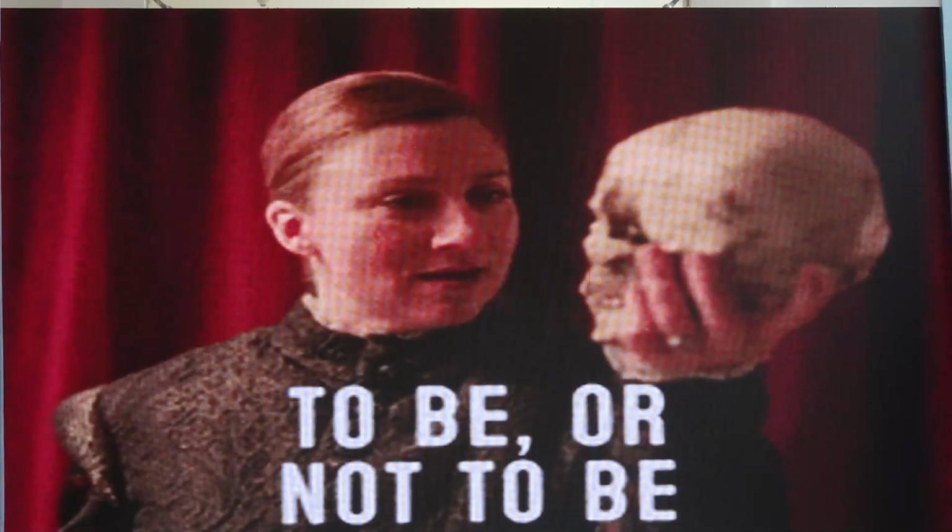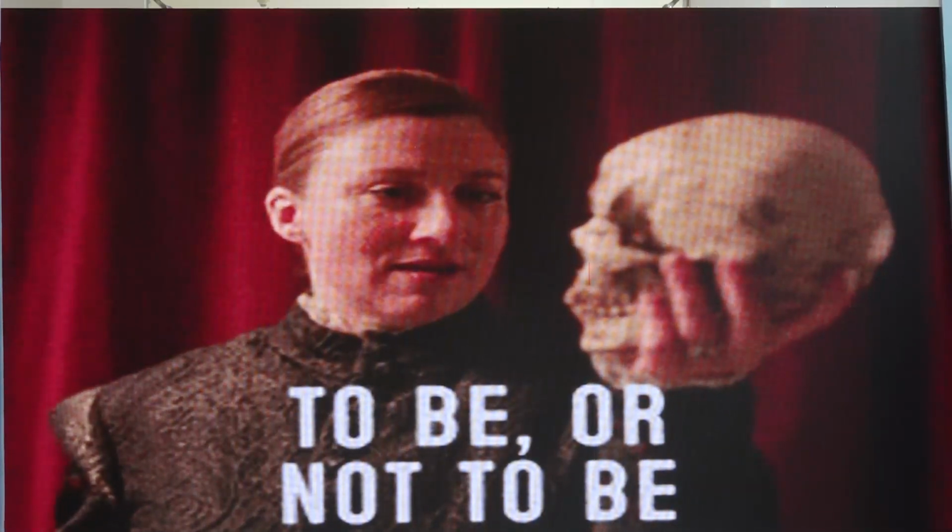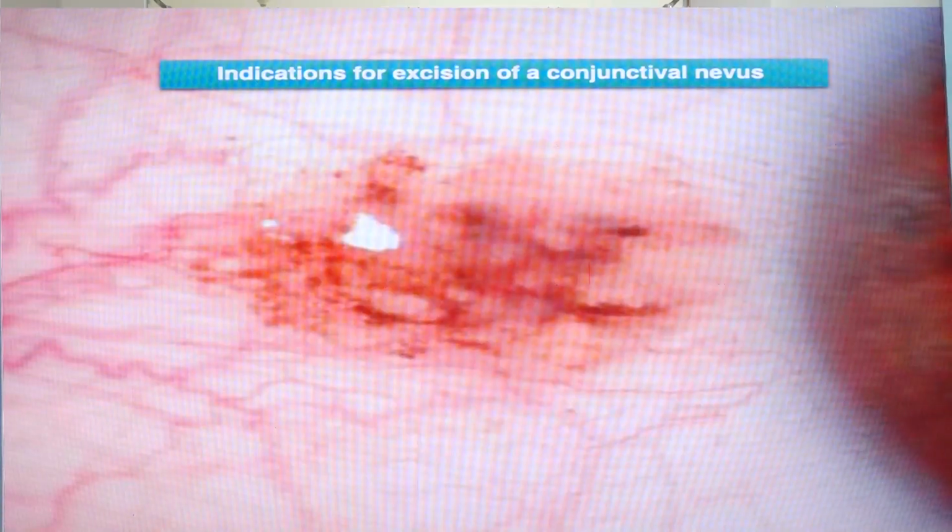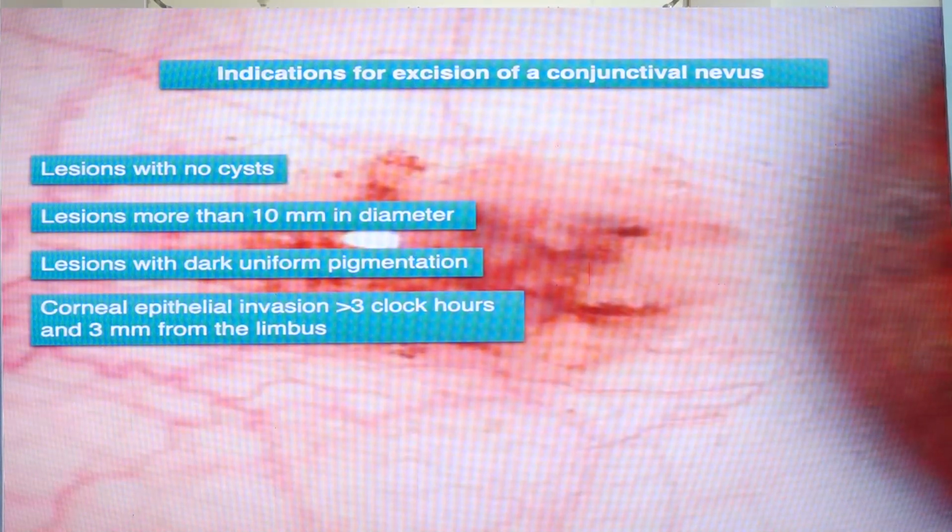Again, there is a simple checklist for which nevus you should excise and which nevus you can observe. So there are certain indications, and let's have a checklist again. A nevus without cysts, and of course our lesion is without cysts, especially the one near the caruncle. A nevus which is more than 1 centimeter, and of course our lesion is much larger than that.